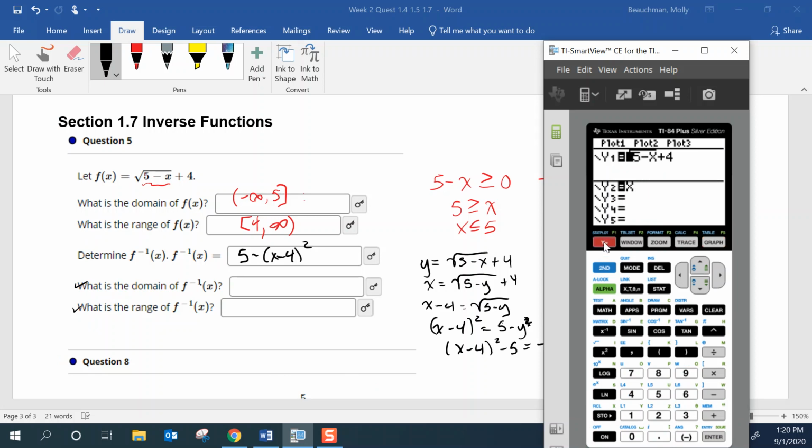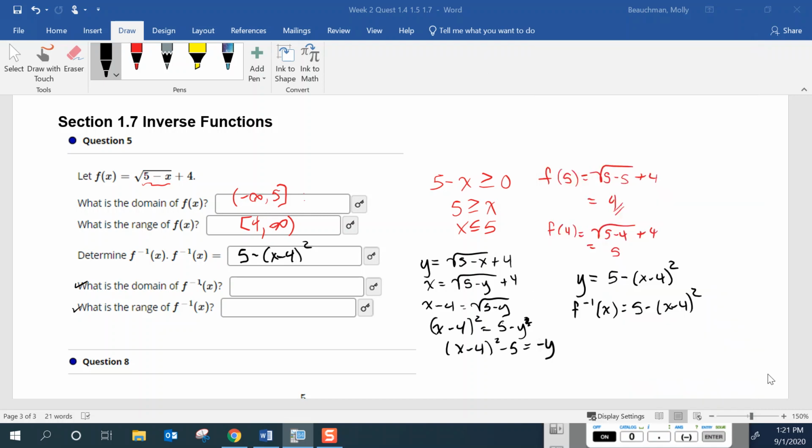When I type in the second function that we just found, the inverse, I get 5 minus (x minus 4) squared. I'm going to graph. So notice it's the entire parabola. I only want the portion of the parabola that's a reflection along the line y equals x. So it's not the entire domain.